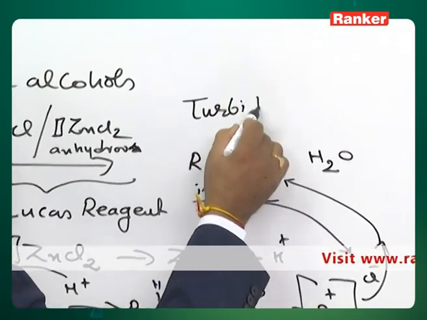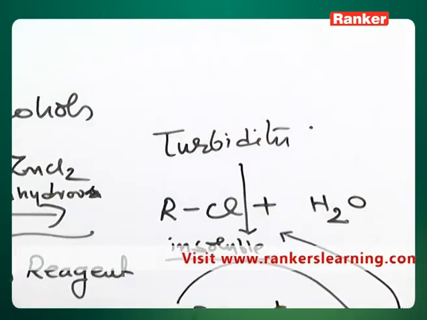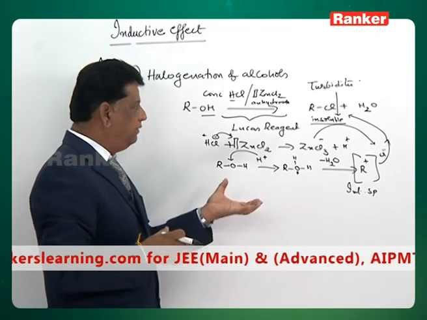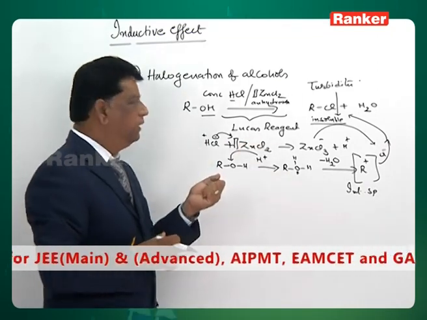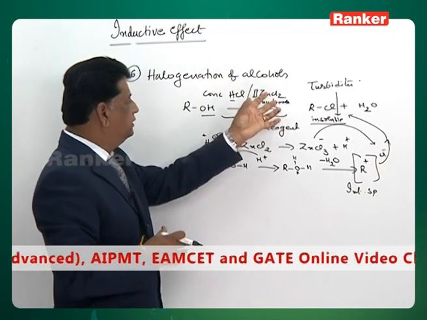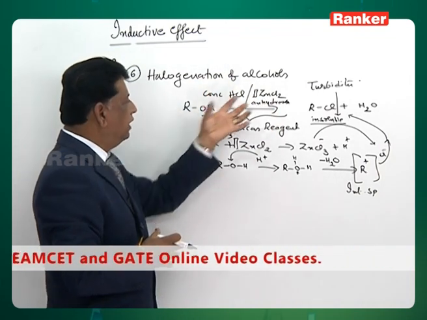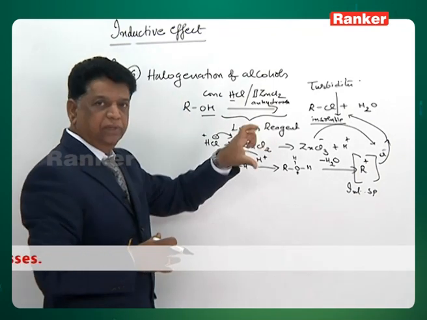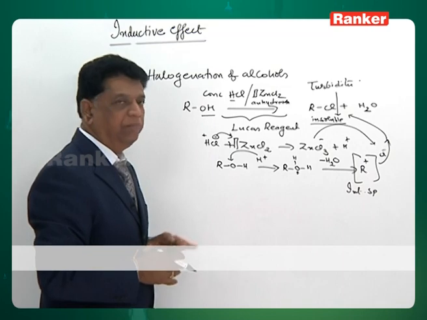A turbidity is formed. So, the moment RCl is formed, because of its non-solubility in the remaining aqueous solution, where zinc chloride, HCl and ROH are all soluble in one layer, you get a turbidity.